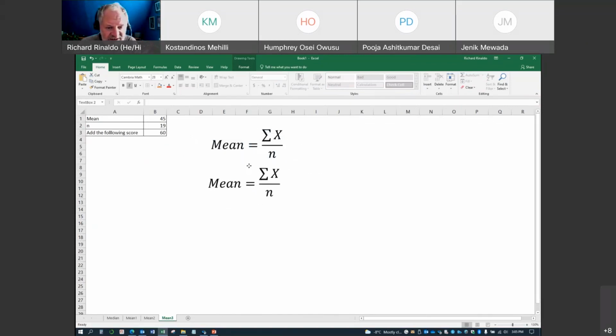And I know in my case here that the mean is equal to 45 and the n is equal to 19. So knowing this, I can solve this.